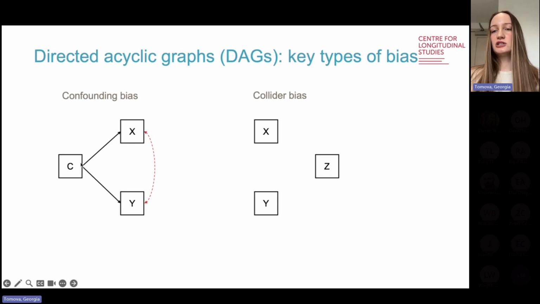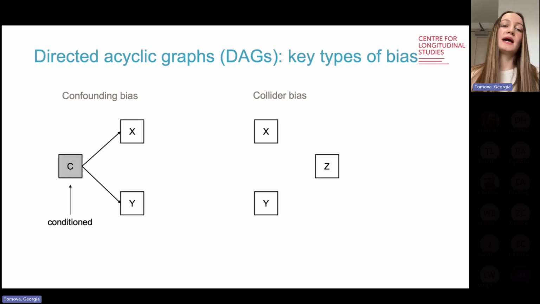This relationship might not be real, so we call this confounding. But if we were to condition on C, by which we mean, for example, estimating the relationship between X and Y within strata of C, or within a specific level of C, or including C as a covariate in a statistical model, we would then remove this confounding bias.